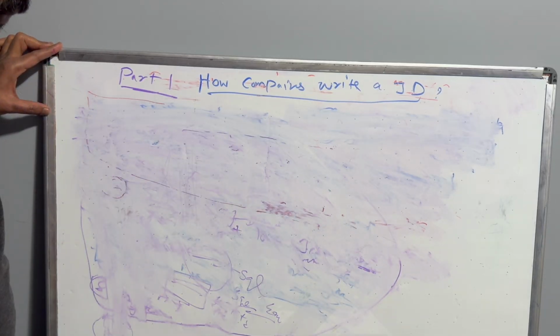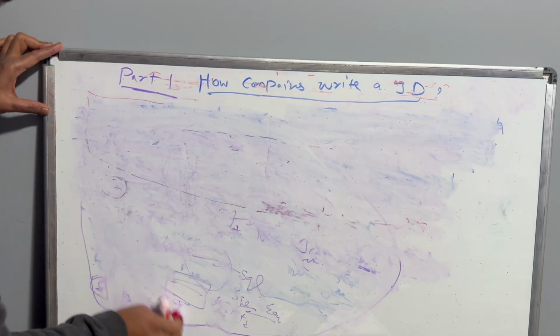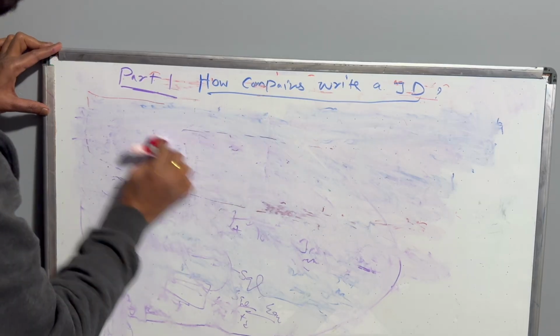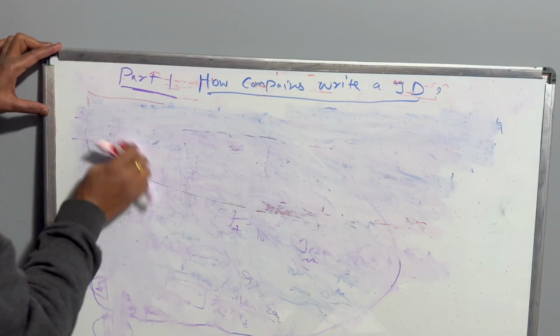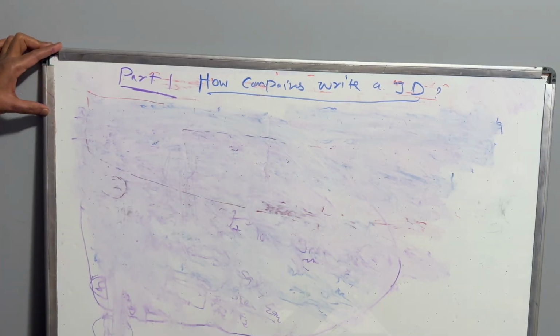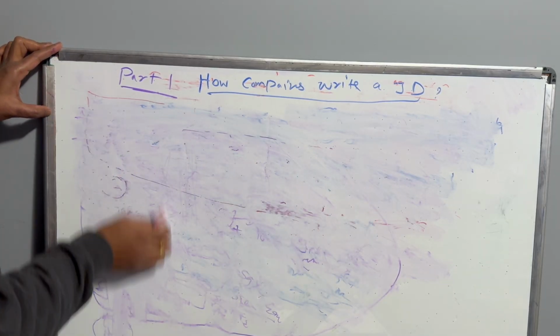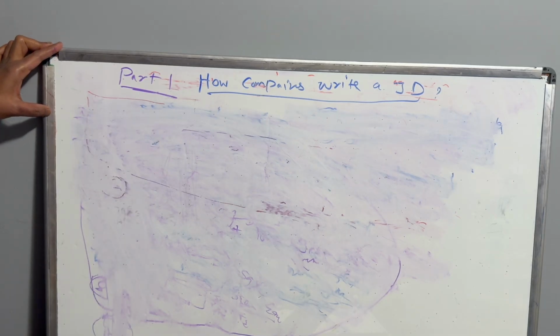Only 3 sections. Okay, so this is part 2. We understand what the job description is saying. Now let's go to part 2, how to convert the job posting into a resume.